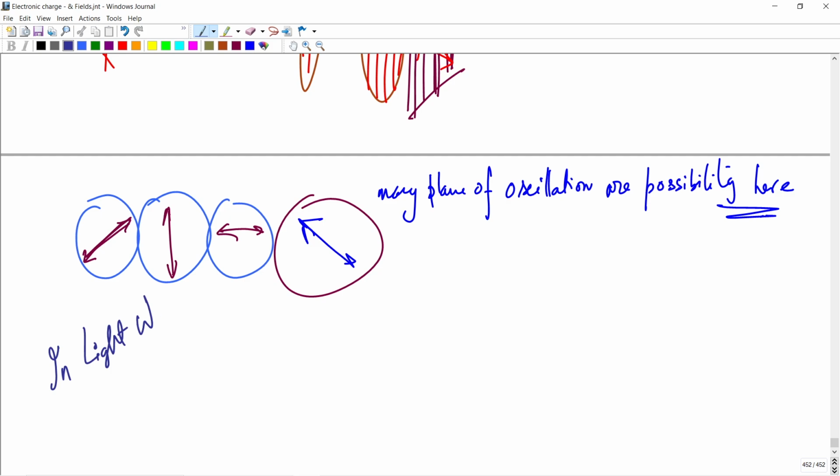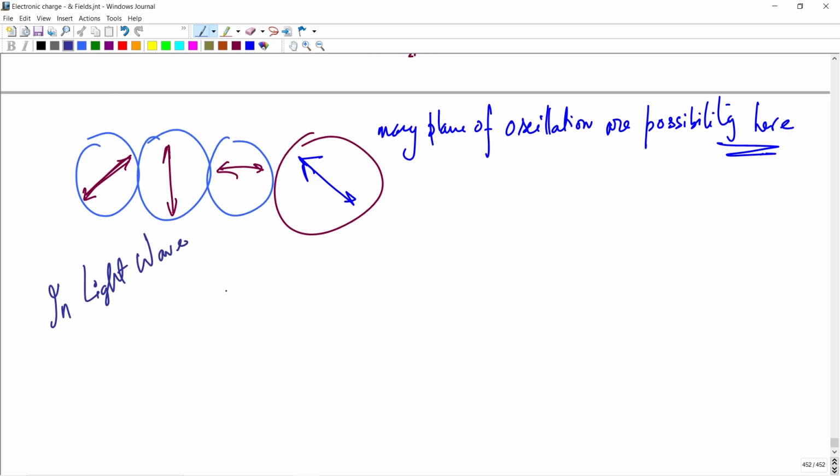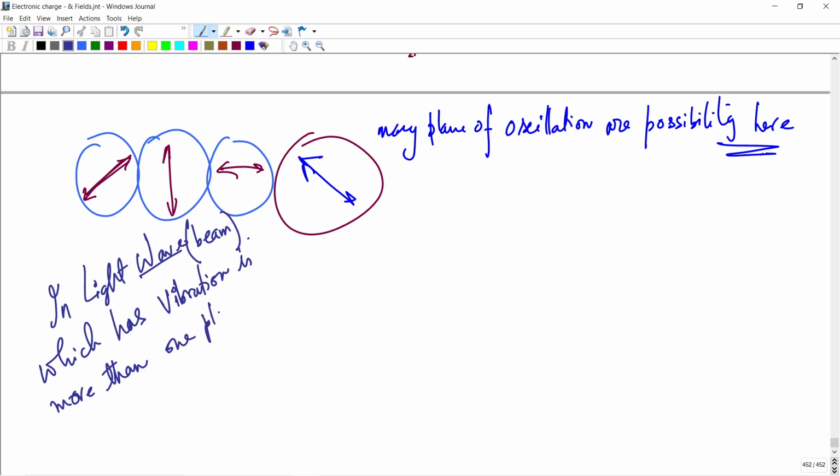A beam of light which has vibration in more than one plane is called unpolarized light.